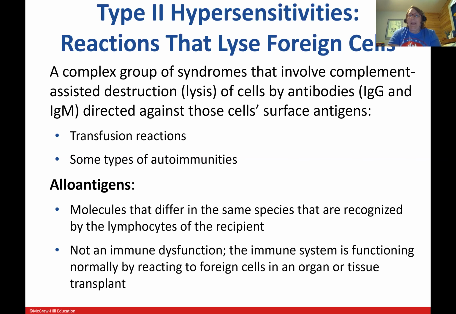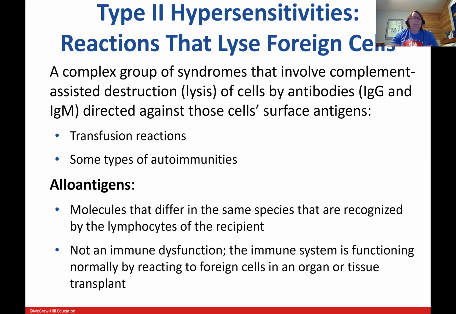And typically, that occurs in some kind of a transfusion reaction. But this is also the case in certain types of autoimmunity, where basically the immune system has gotten confused and looks at the surface molecules on our host cells as foreign.